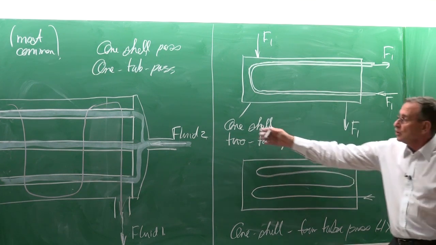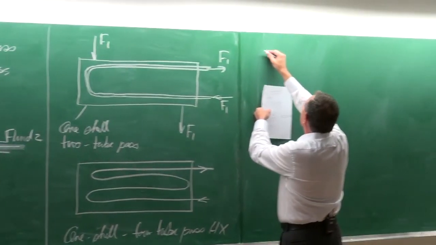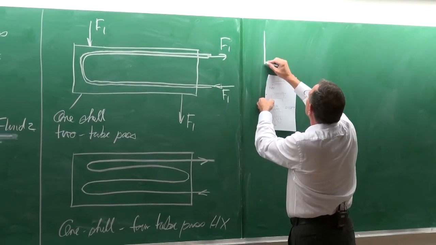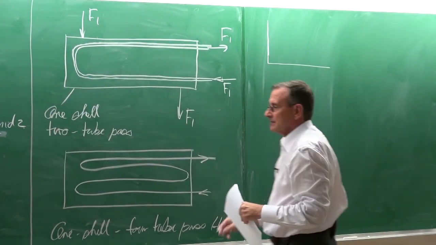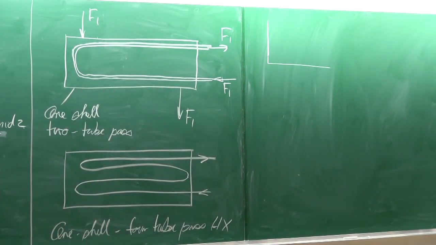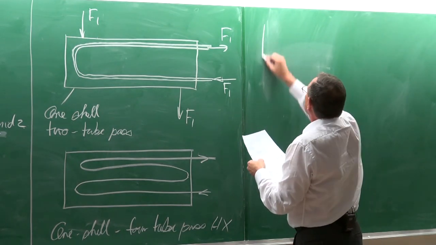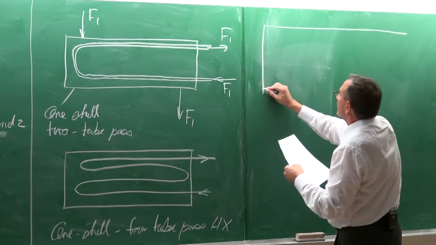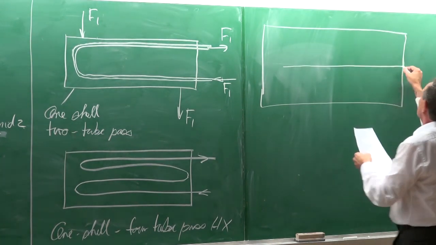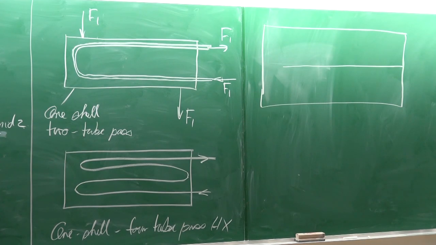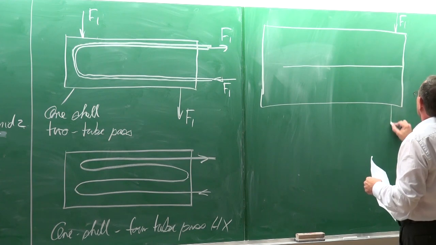Now we can get to a two shell and a three shell heat exchanger. And that looks like that. The shell now can be divided into two parts. I'd rather do it like this. That is the shell. Then it is being sort of divided into two. And the fluid 1 will go in there.